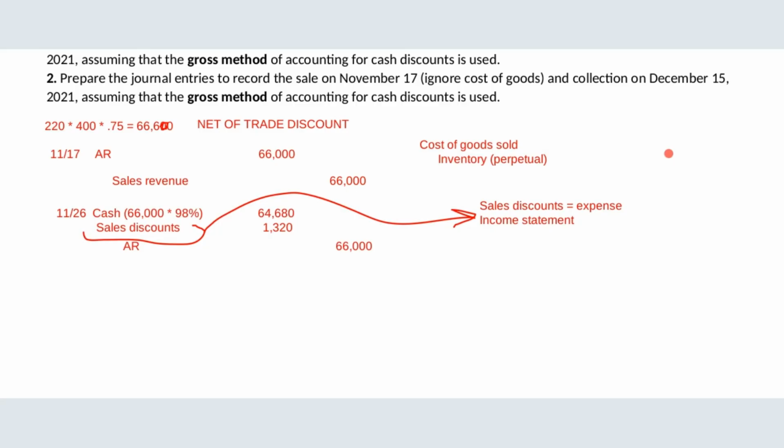But our second entry, they're not entitled to the discount because they didn't meet the discount terms. And so that's going to be our entry without the discount. Okay, so the first part is with the discount. The second part is without the discount. Any questions?